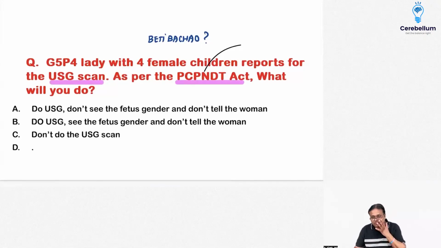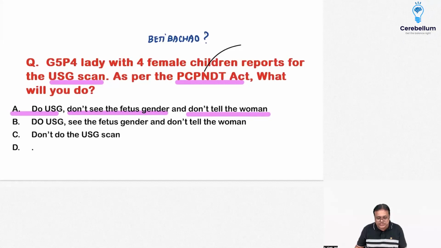Quickly write in the chat box. Please remember, in this you will have to do the USG. The Act does not permit seeing the fetus gender unless it is warranted by some legal indication. And of course, we will not tell the woman, right?